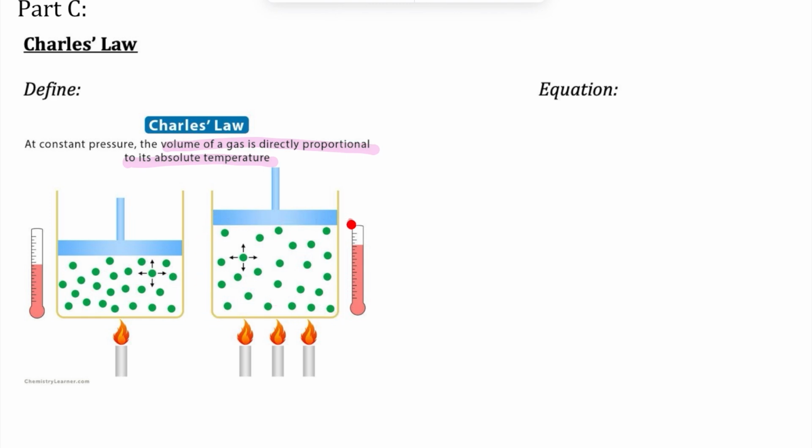That means the volume of our container is going to need to expand. And so as volume goes up, temperature is going to need to go up. As volume goes down, temperature is going to need to go down. So directly proportional, they're going to be doing the same things.